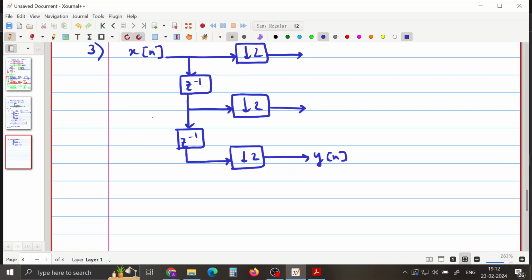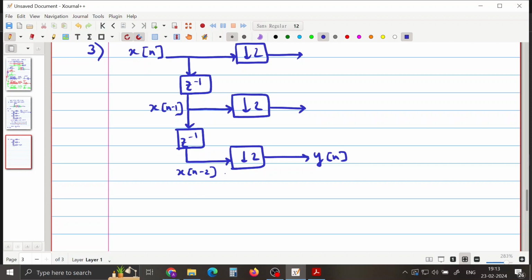Okay, so again, what would be the intermediate sequences? This is the path that we are considering, right? From x of n all the way to here. So we'll first write down the intermediate sequences. At this point, after the first delay block, we'll get x of n minus 1, right? Which, if further passed through another delay block of 1 unit, we'll get x of n minus 2 here.